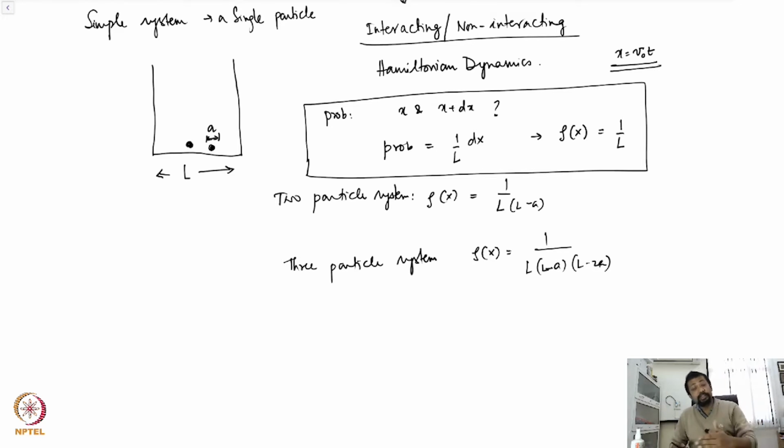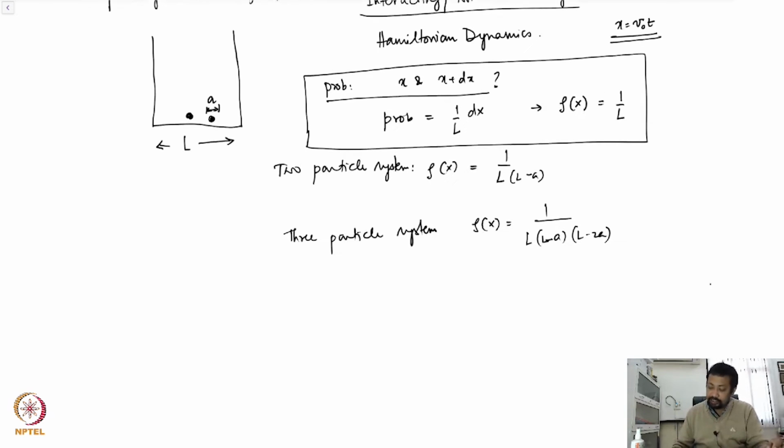And this question becomes even more complicated, that if I want to know what is the probability of finding, well, forget about the probability. If I know where one particle is at a given position, given that there is a size of this particle so that they cannot overlap, there is an excluded volume interaction over here, this question becomes even more complicated.